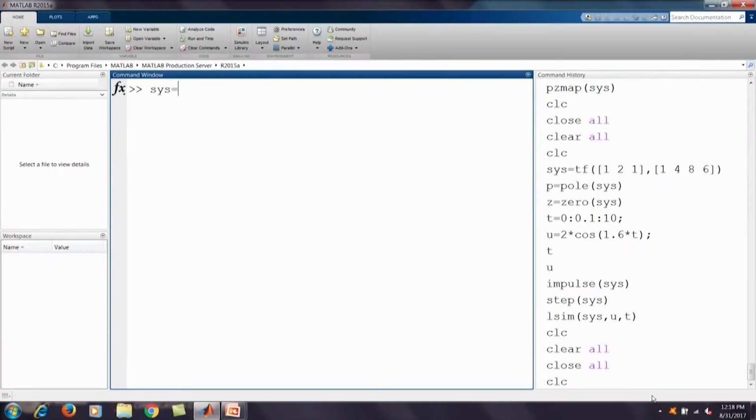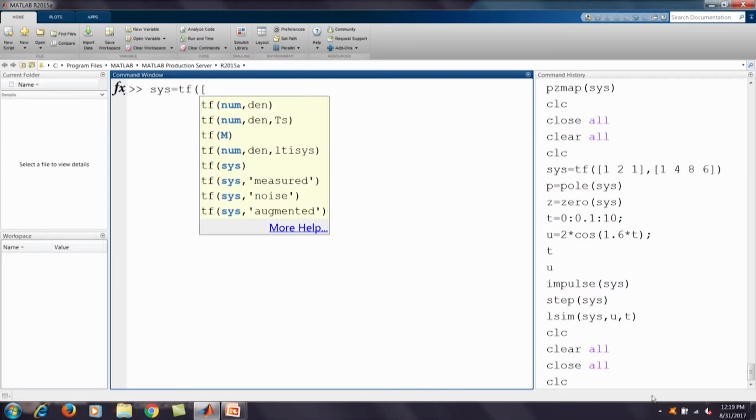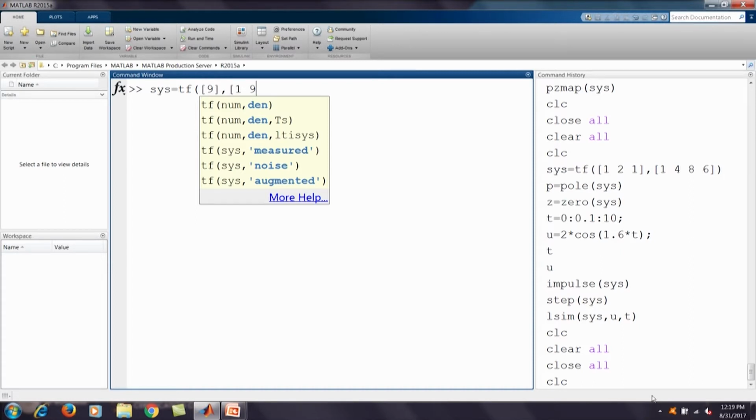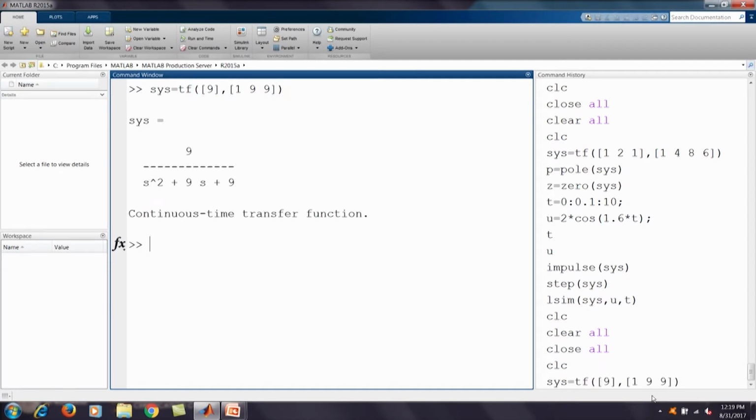So system equal to tf, the numerator is only one coefficient 9, and then comma the denominator 1, 9, 9, and parenthesis close. Here we have got the transfer function 9 upon s square plus 9s plus 9. If we want to see the step response, we say step(sys).